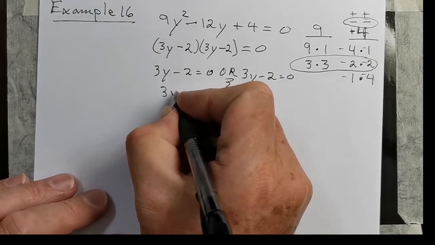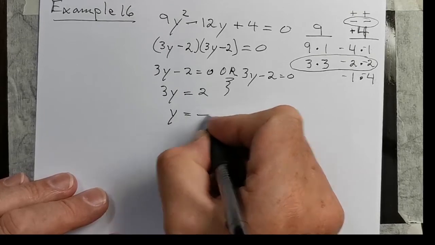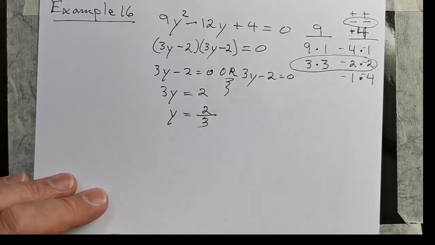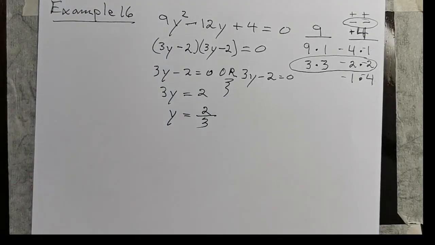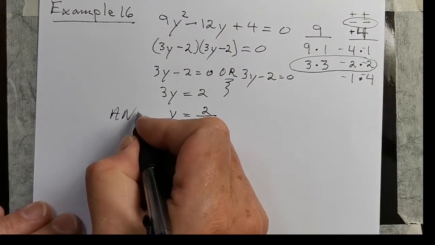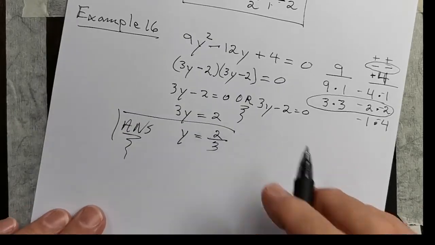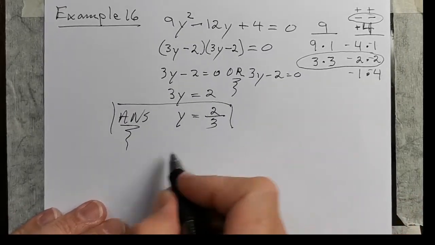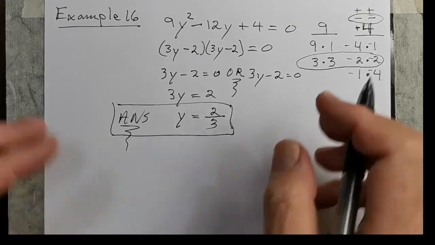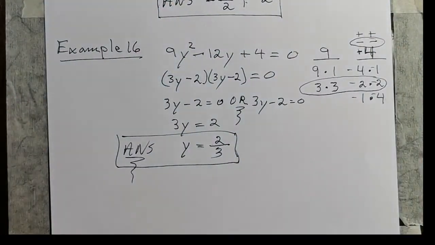So we have 3y is equal to 2, or y equals 2/3. And you'll get the same thing over here, y equals 2/3. So this is your answer. Okay, so that is example number 16.